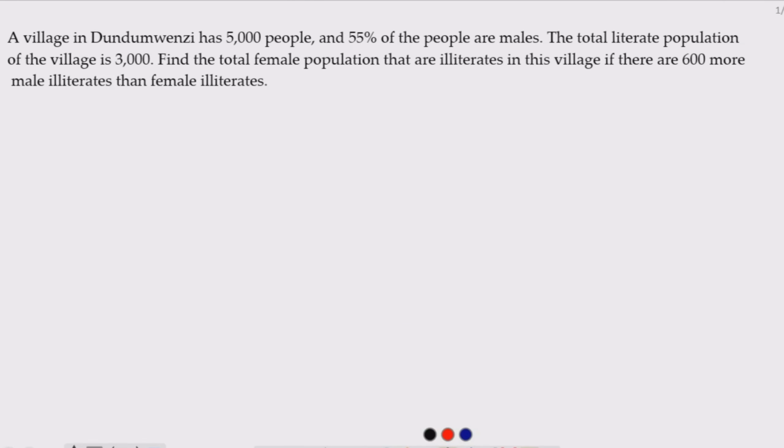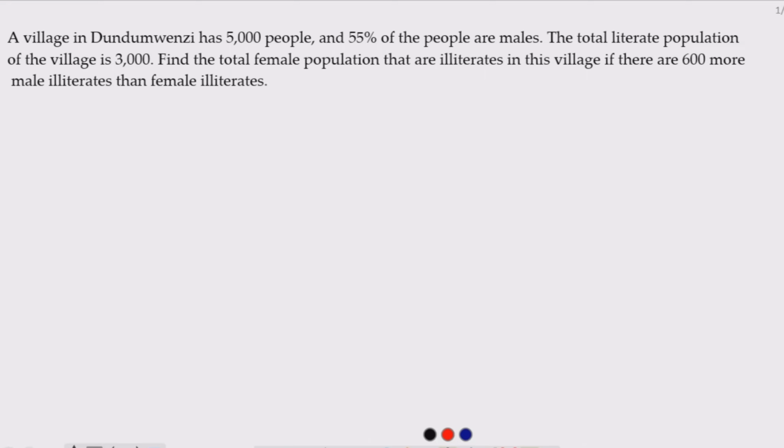Welcome to today's session. Today our question of interest reads: a village in Dundumwenzi has 5,000 people and 55% of people are males. The total literate population of the village is 3,000.